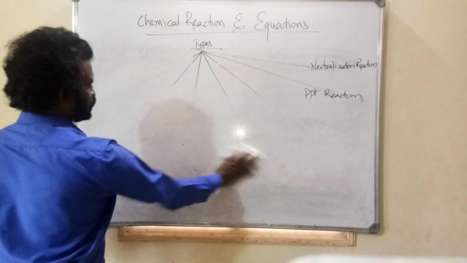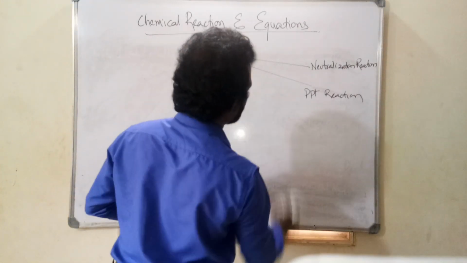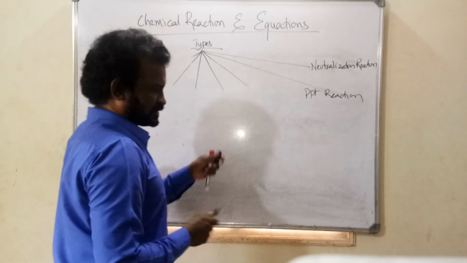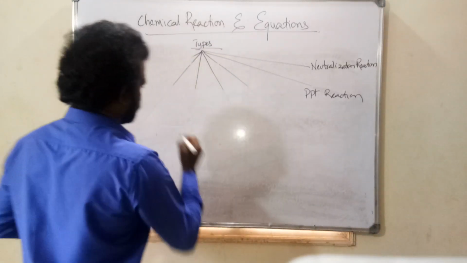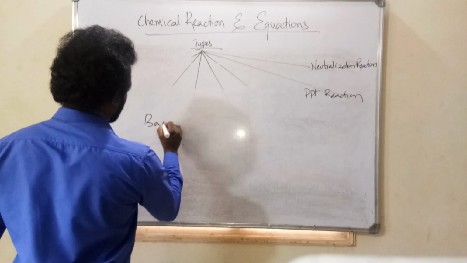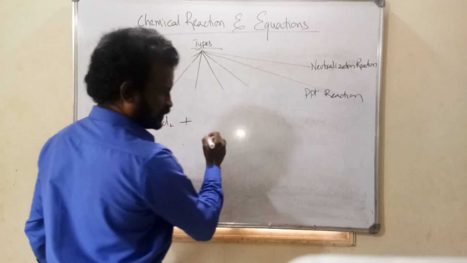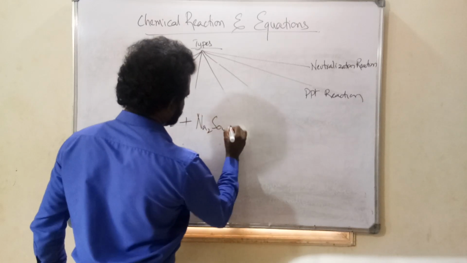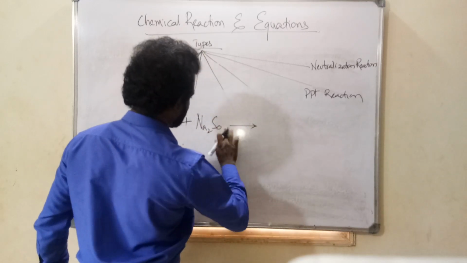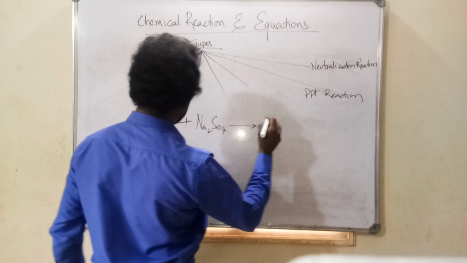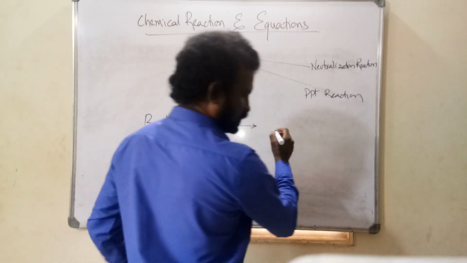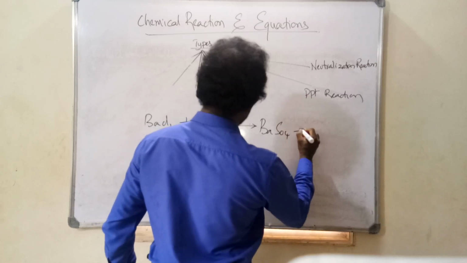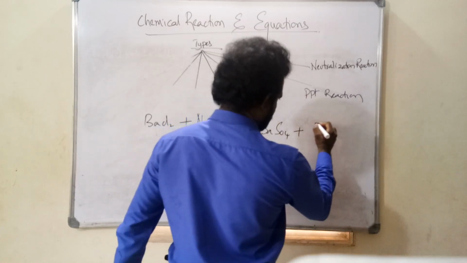The next one is the precipitation reaction. A precipitation reaction is a type of chemical reaction in which barium chloride reacts with sodium sulfate, giving rise to barium sulfate plus NaCl.